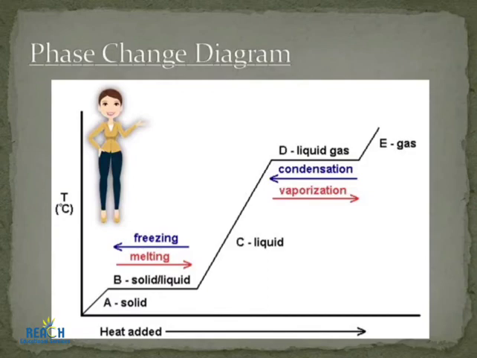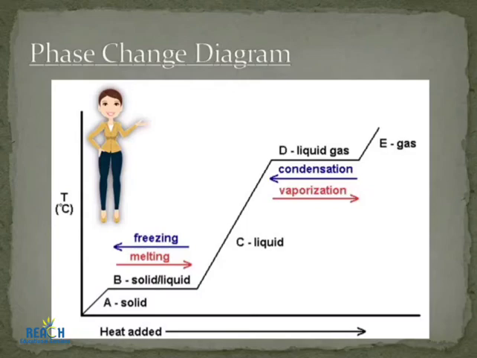This diagram is actually a graphical representation of the entire change of state process. As you can see, a solid when heated will melt to form a liquid. A liquid, if heat continues to be added to it, will vaporize to become a gas.